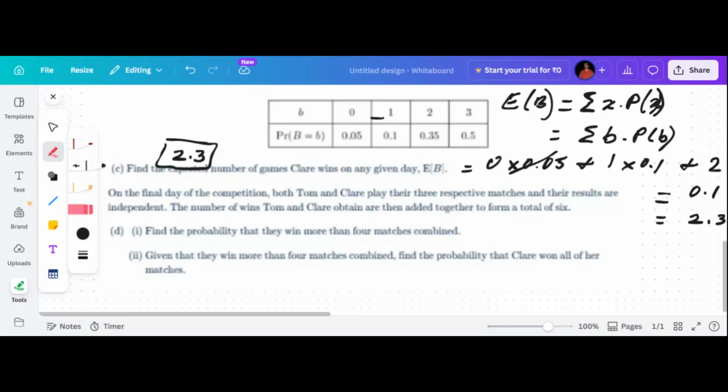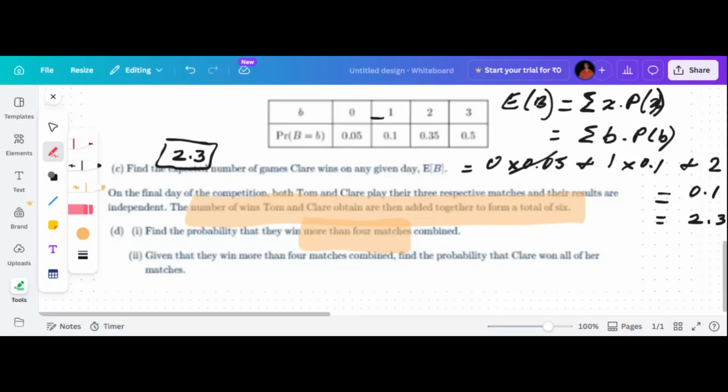Find the probability that they win more than four matches combined. More than four means it can be five or six.